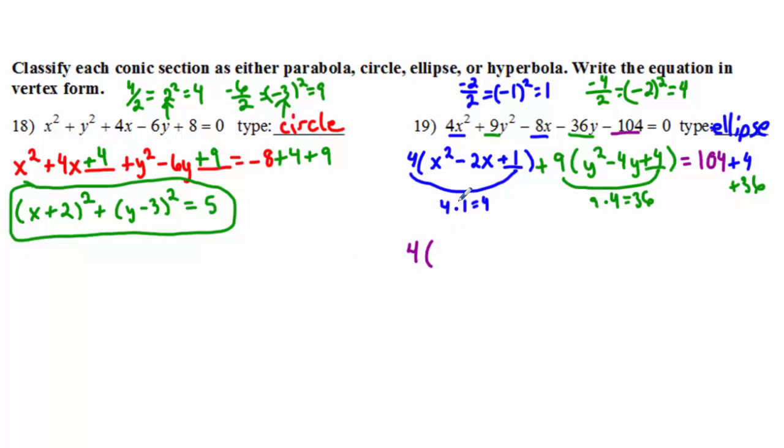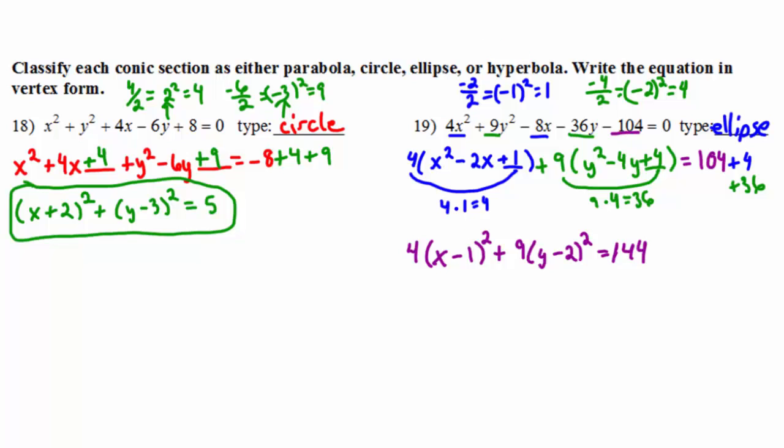The 4 still hangs out outside. Let's factor x squared minus 2x plus 1, which factors into x minus 1 squared. Then y squared minus 4y plus 4 factors into y minus 2 squared, and then it equals 104 plus 4 plus 36, which is 144.